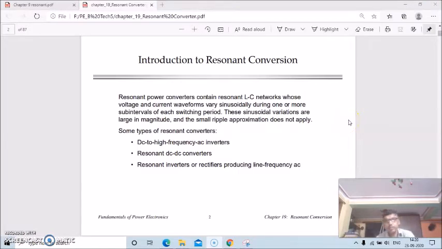Before going into the details of resonant converters, we must have an introduction to the resonant conversion process.